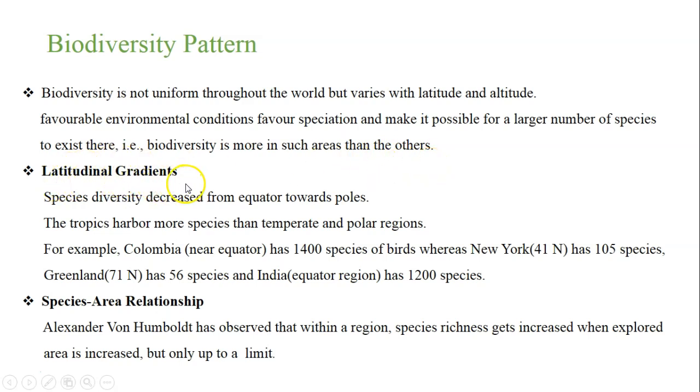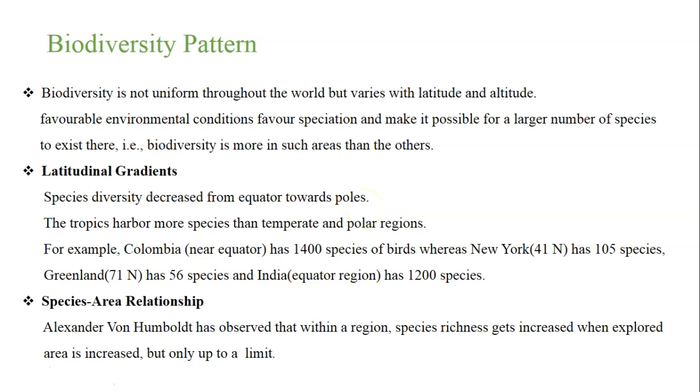Latitudinal gradients: species diversity decreases from the equator towards the poles. The tropics harbor more species than temperate and polar regions. This is one of the important sentences: species diversity decreases from the equator towards the poles. Why has this happened? Because at the extent of the north and south poles, there are extreme climatic conditions.